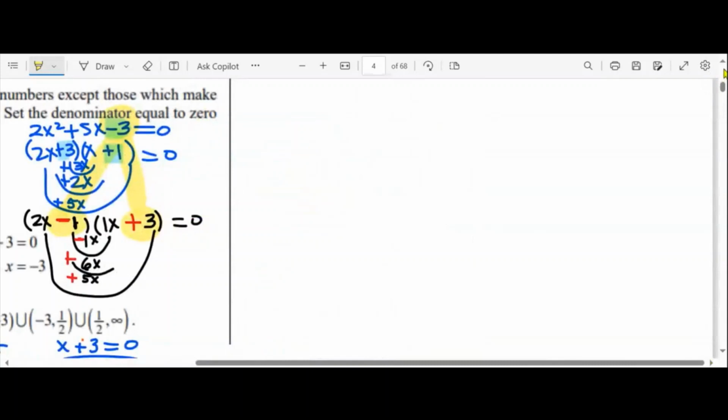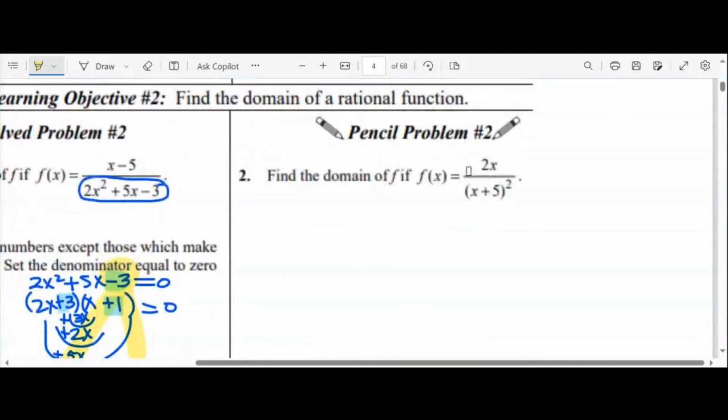Okay, so let's do another one. Ready? Okay, so I'm going to factor this. So this will be what? X plus 5, x plus 1. Then bracket, another bracket.